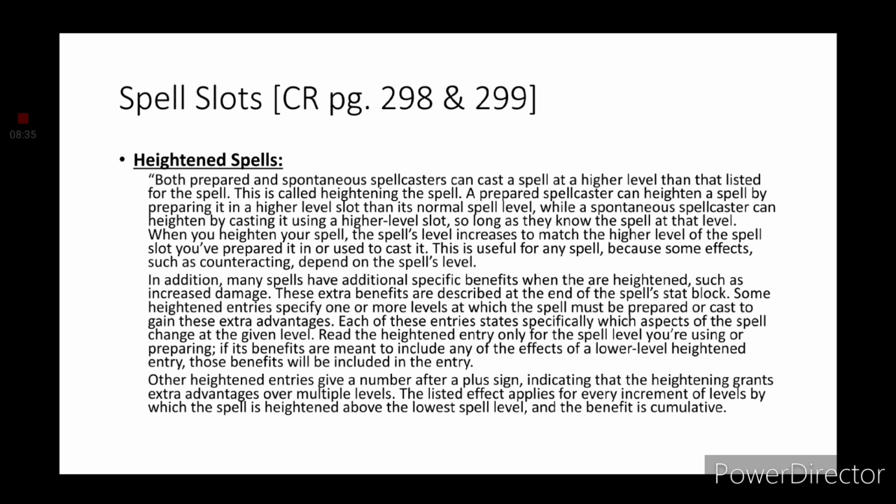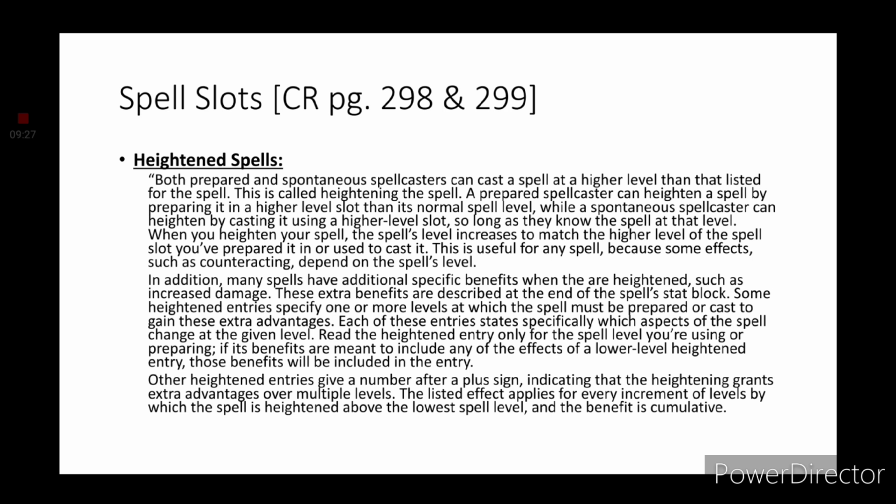Each of these entries states specifically which aspects of the spell change at the given level. Read the heightened entry only for the spell level you're using or preparing. If its benefits are meant to include any of the effects of a lower level heightened entry, those benefits will be included in the entry.